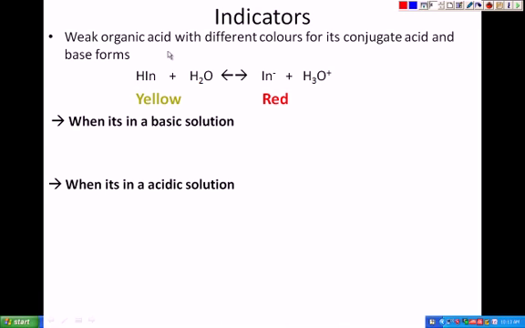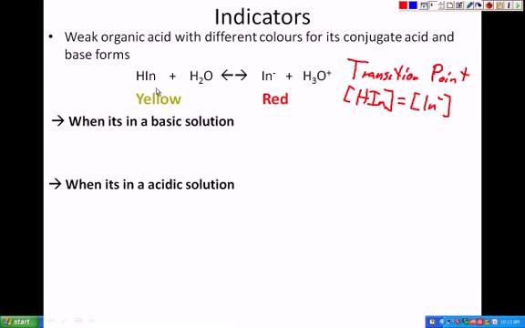Now that we know what a transition point is, where the concentration of HIN is equal to the concentration of IN minus, at what pH is the transition point? We can calculate that.